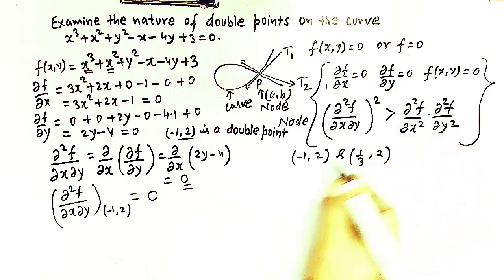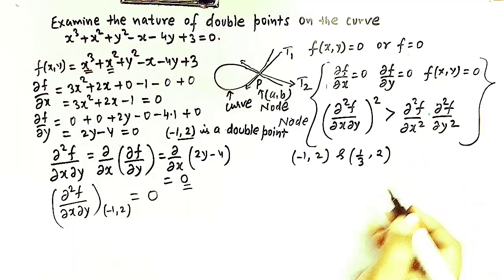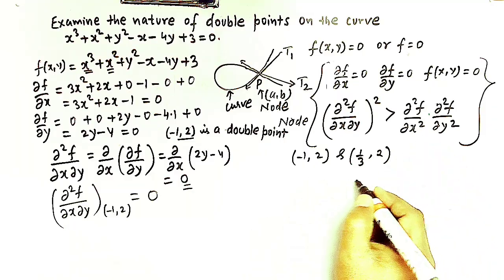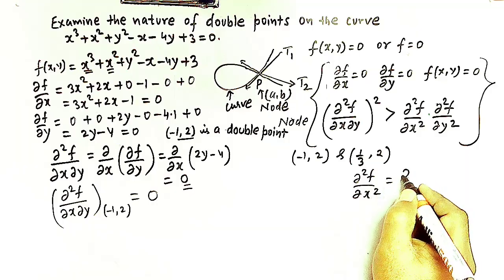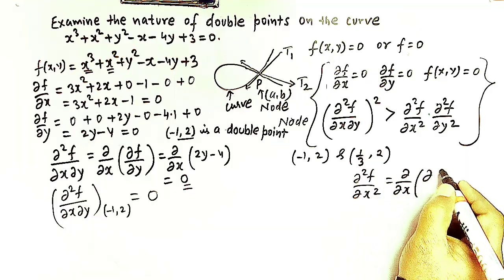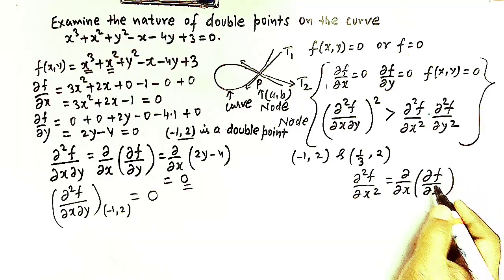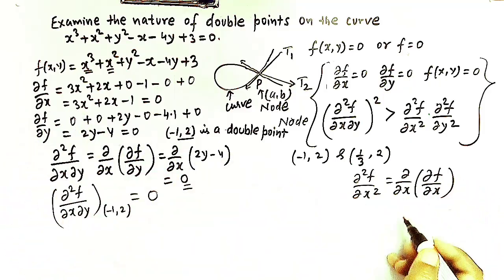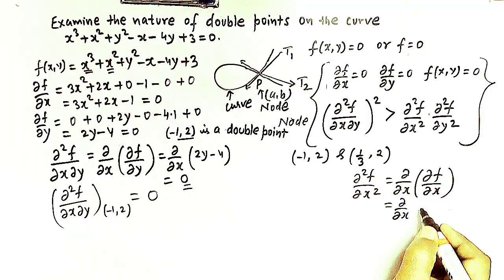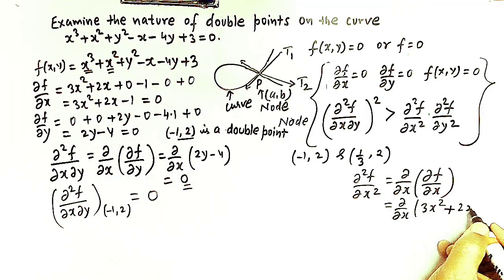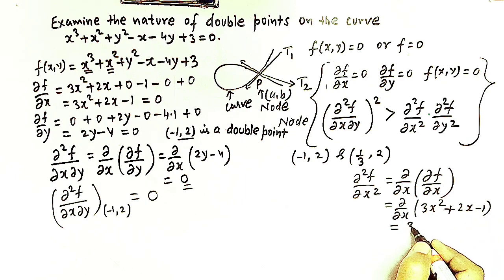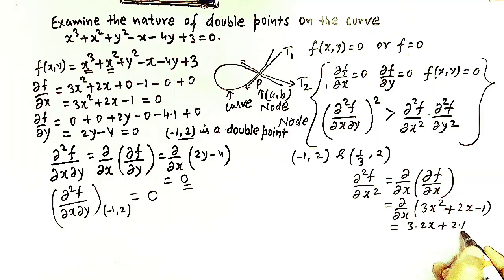So now let us find out the second order partial derivative with respect to x. So here we have del square f over del x square, that is, del over del x of del f over del x, and del f over del x is 3x square plus 2x minus 1. So here we have 3 times 2x, and here we have 2 times 1, here we have 0, right?